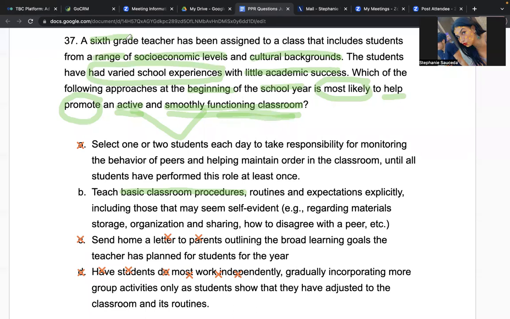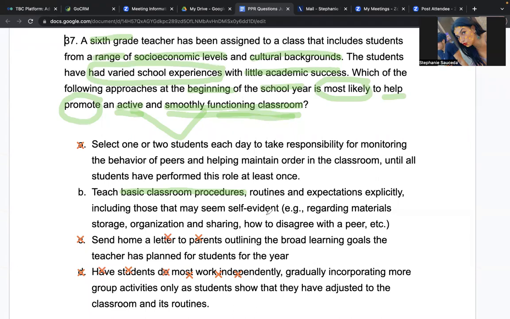We know that stability during transition, having routines and procedures for EC through 6, is really important. And so from varied school experiences, limited academic success, a range of socioeconomic levels going from high to low, varied backgrounds.